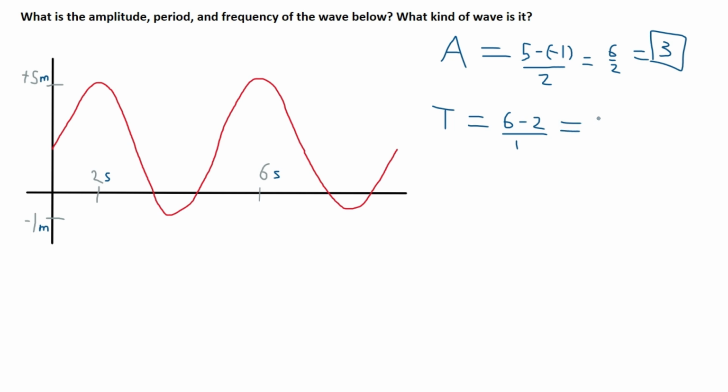So this means that the period is 4 seconds per cycle. And the frequency is just equal to 1 over the period. Or in this case, that's equal to 1 over 4 seconds, which means that the frequency is equal to 1/4 hertz.